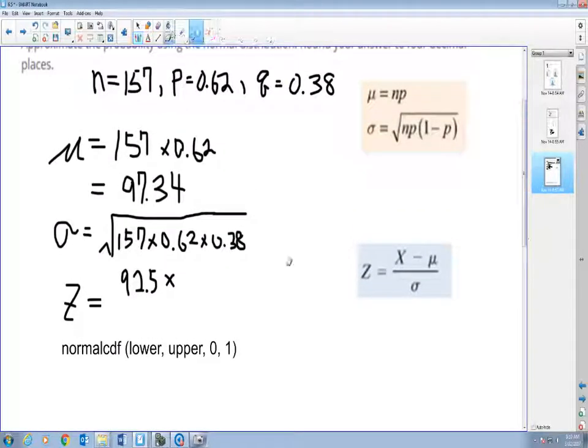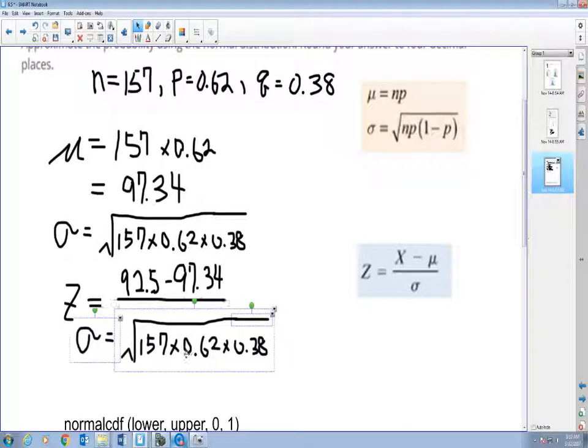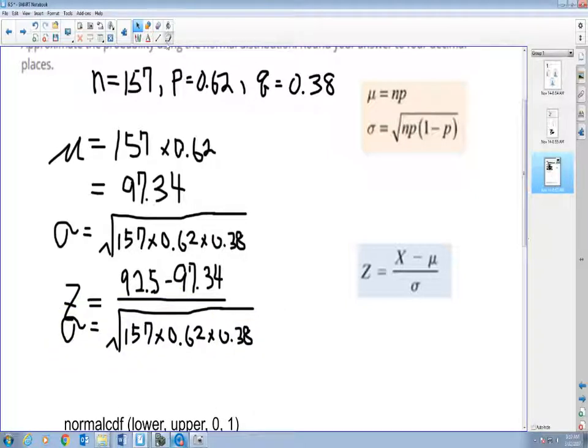Minus the mean, 97.34, divided by this big old standard deviation. Now I would put all that in the calculator at one time. Let's see.